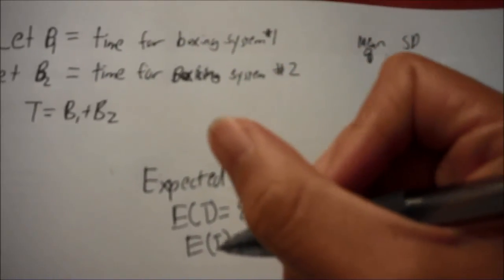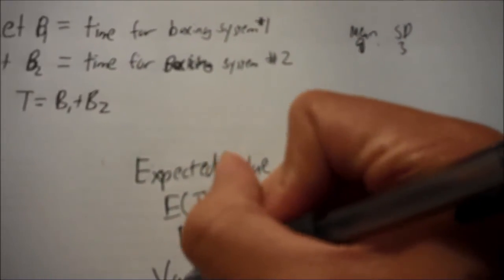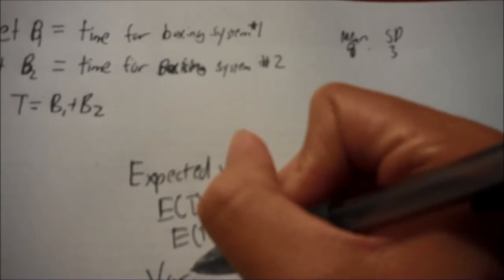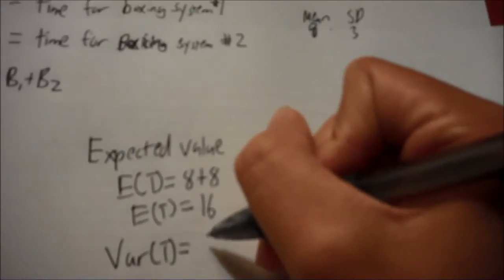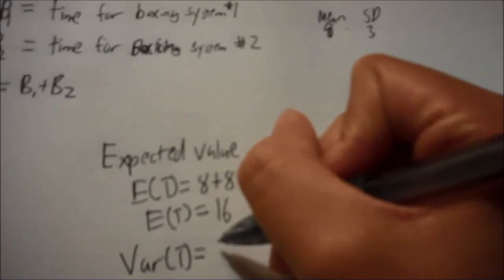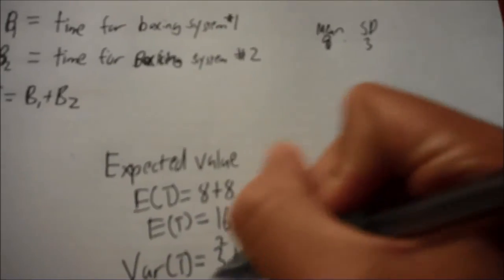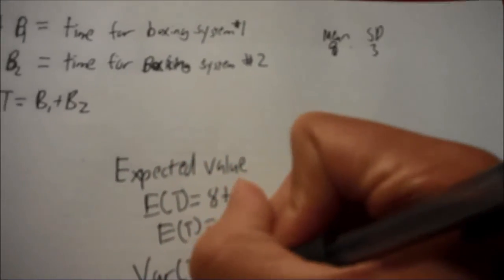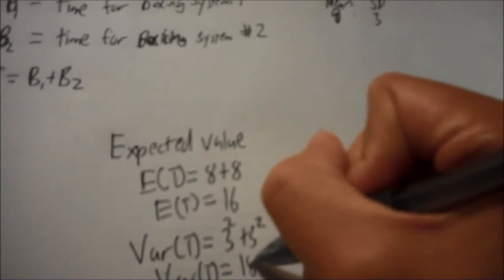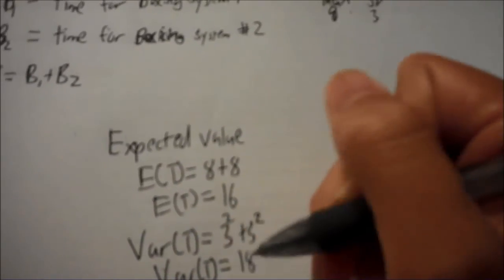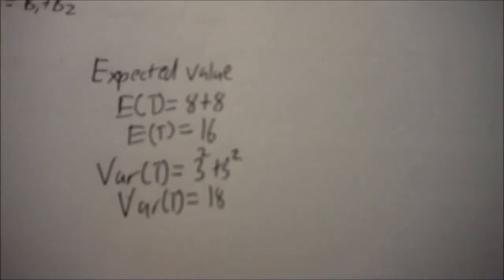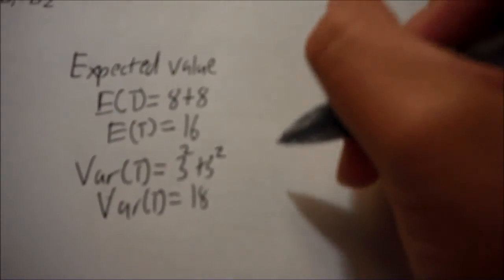And since the times are independent, you can find the variance by adding them as well. And now we take the square root of the variance to find the standard deviation.